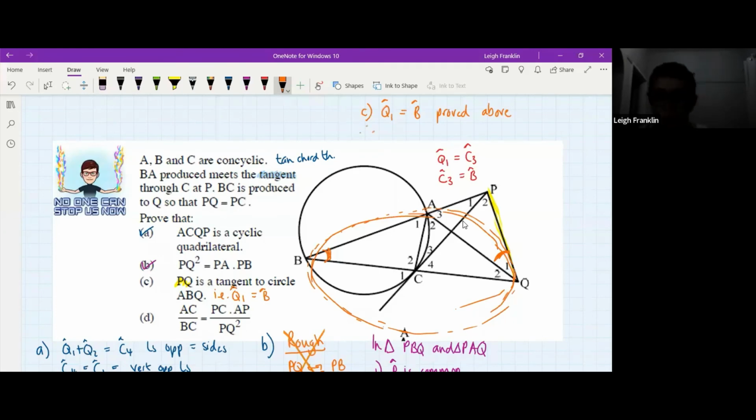And therefore, PQ is a tangent. And our reason here: converse tan chord theorem.